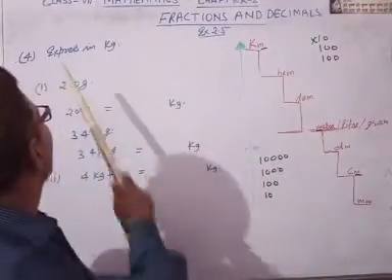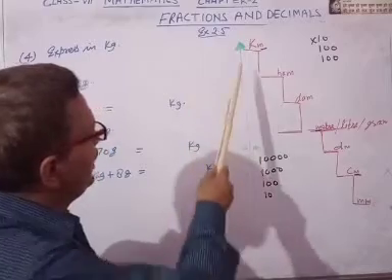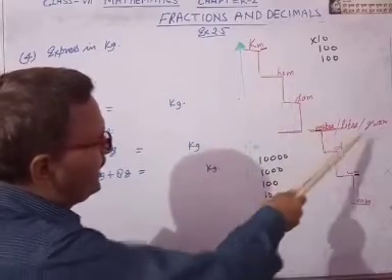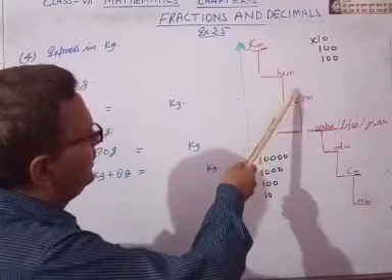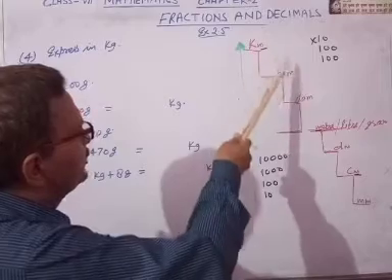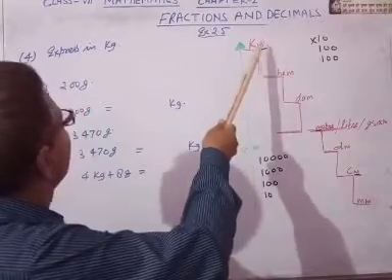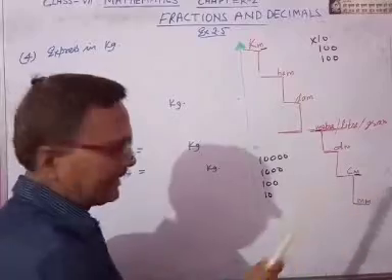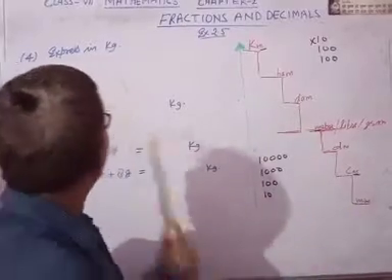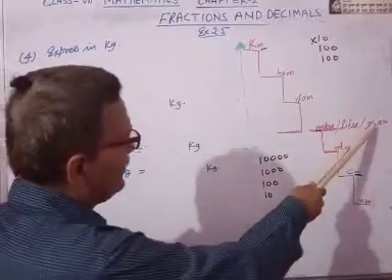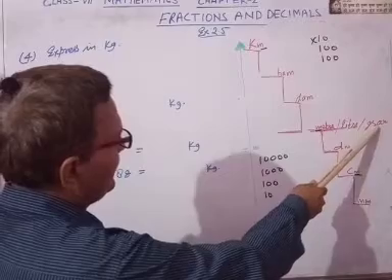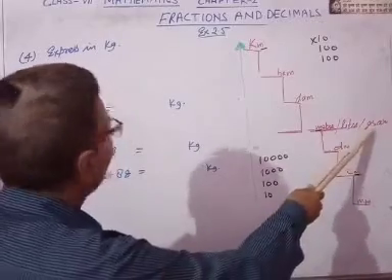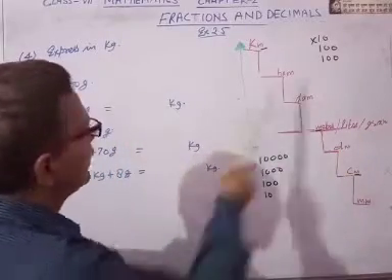Now question number 4, express in kg. Here we are using gram, kilogram, hectogram, decagram, decigram, centigram, milligram. Now we want to change gram into kilogram. Gram is here, kilogram is this.